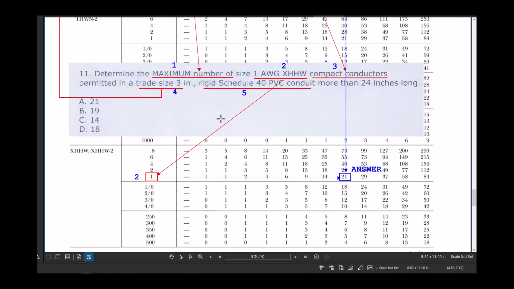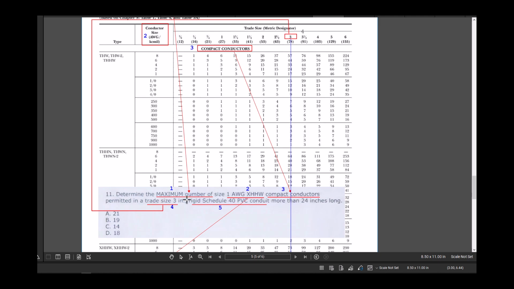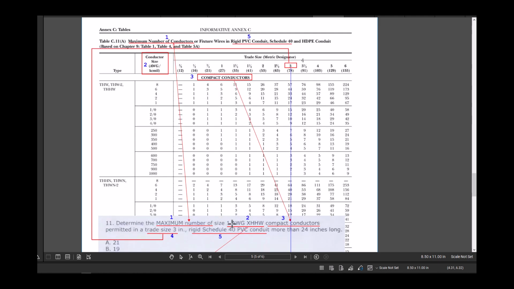We try to match one by one what we read to the table and see what we have. We're looking for a maximum number of conductor.